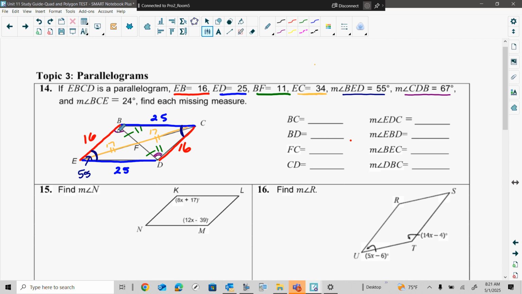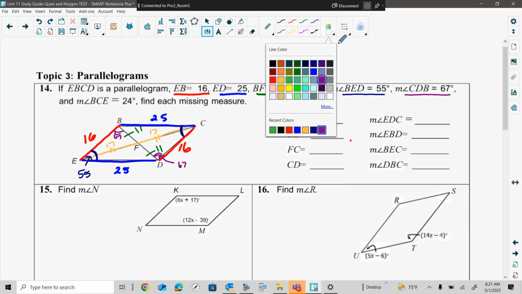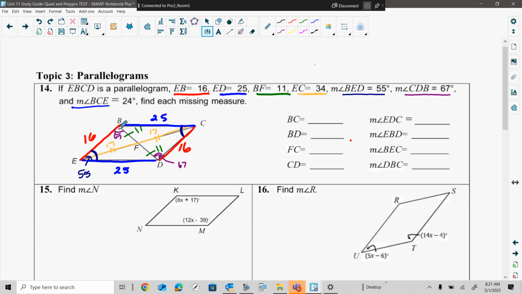Well, it's gonna be 67 on that side as well. And they give you BCE, that is inside this, is 24. So in order to find this missing angle here, you have to take that 55 minus 24. Then you have triangles to help you find the remaining angles.